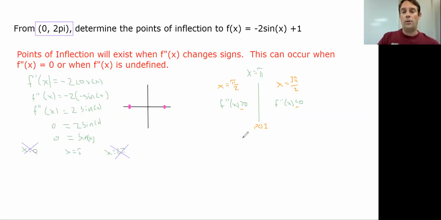So now I've got to go and plug pi into my original equation to figure out what that point of inflection is. Because again, a point of inflection is a location, so it needs to be a point. If I plug in there, sine of pi is 0 times negative 2 is 0 plus 1 is 1. So we said what we're going to do. We did the work. And when we're done, we're going to say what we found.